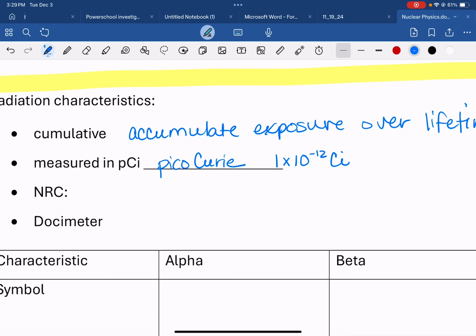The NRC is the Nuclear Regulatory Commission. And they are pretty much the organization that has a say over anything that's radioactive. So if you are working with radioactive materials in the lab, which we will not be, you are required to badge in.